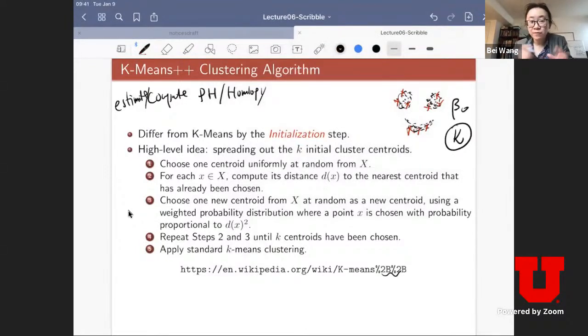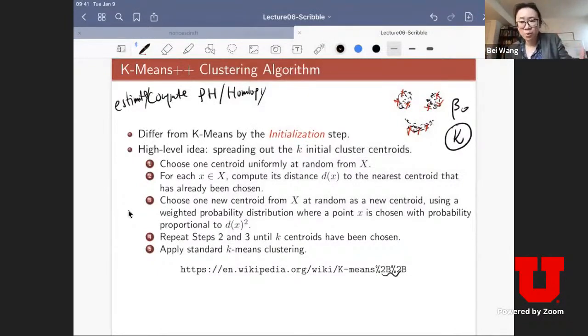So that's one way where potentially topology is going to give you some information. The second thing, if you look at K-means plus plus, what does K-means plus plus do? It's trying to spread the initial centroids to be far away from each other, okay? But then there's an obvious homological question.